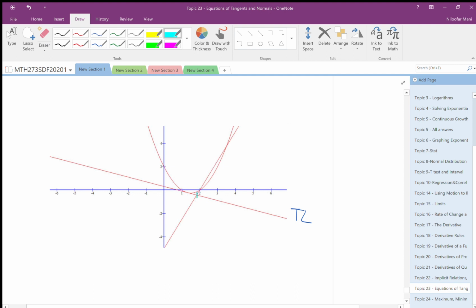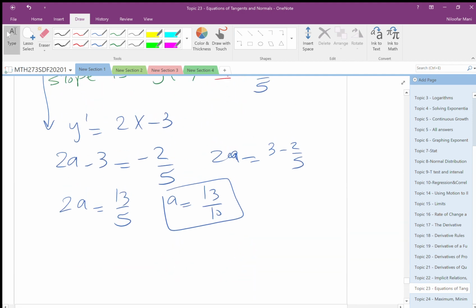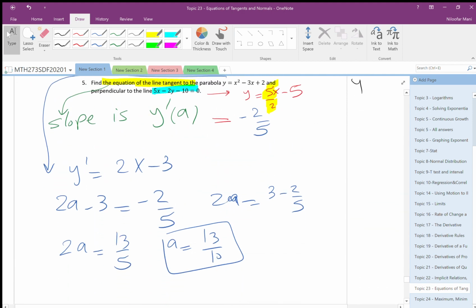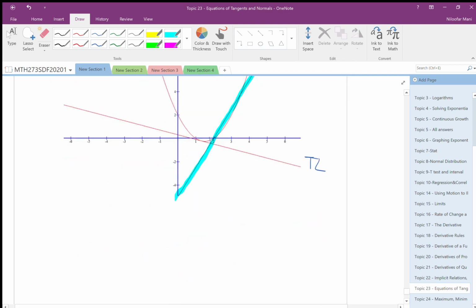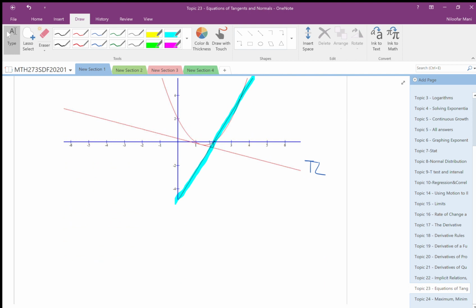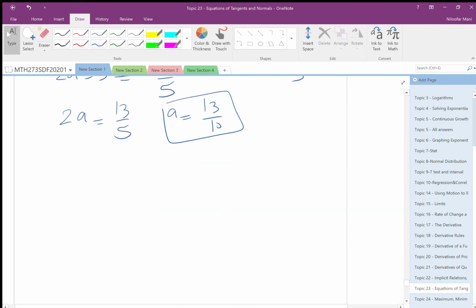My point that I found, where a is 13 over 10, which is about 1.3, is here. That's the point, so here you can substitute to find y.